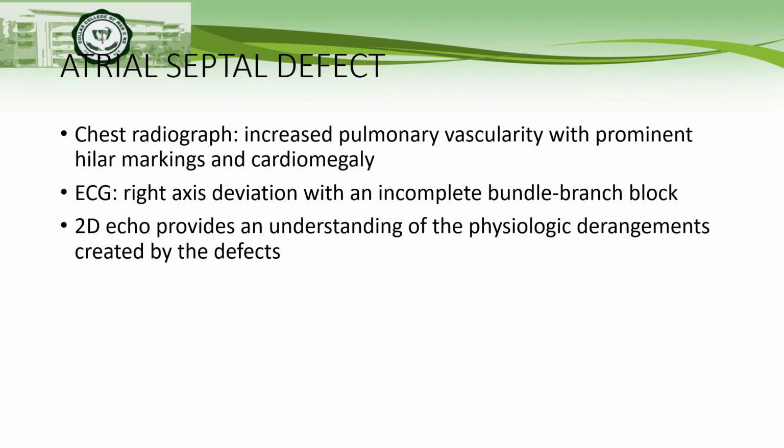ECG shows right axis deviation with an incomplete bundle branch block. 2D echo provides an understanding of the physiologic derangements created by the defects, and it also enables the clinician to estimate the amount of intracardiac shunting and can also demonstrate the degree of mitral regurgitation in patients with ostium primum defects.